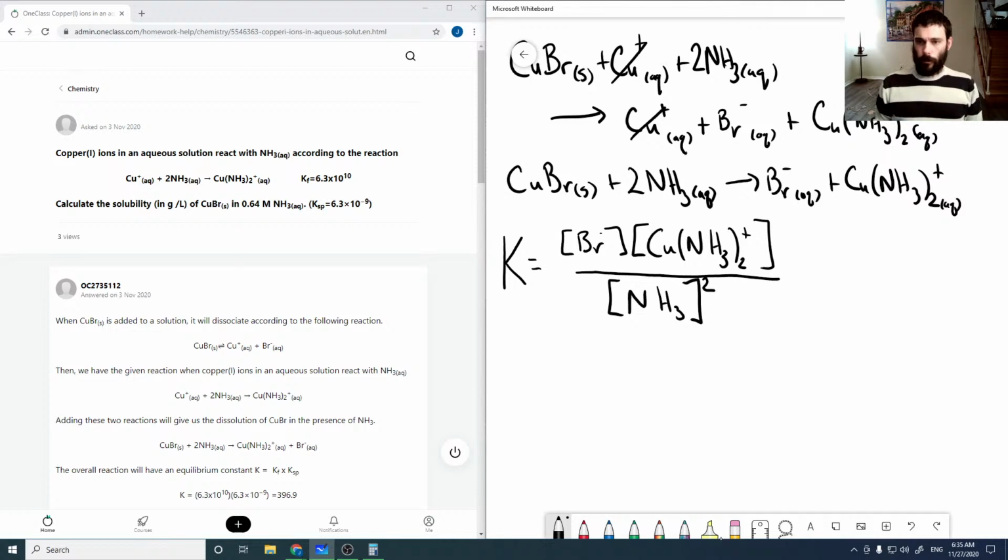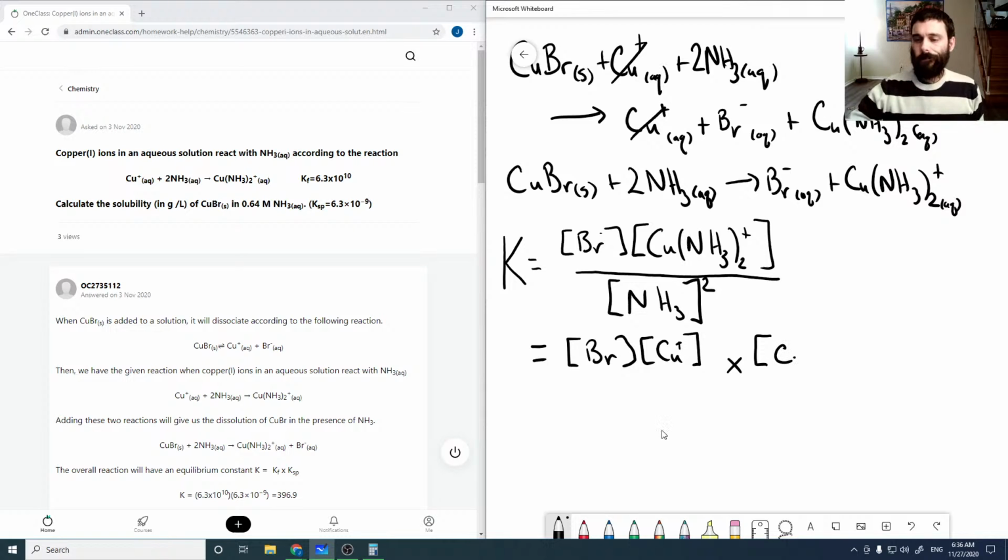Now if we look at our original reactions, this can be represented as the bromine, copper, copper plus, times copper. Oops.